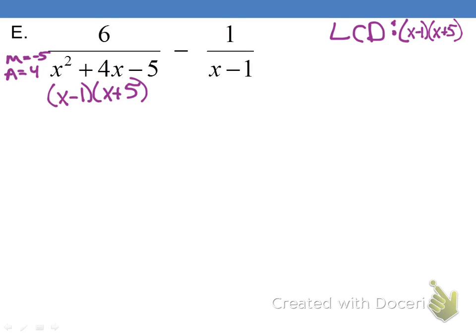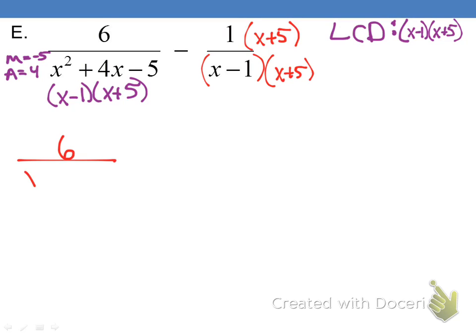All right, so what's the guy in the back missing? The x plus 5. All right, so right now I have no changes in the first rational expression, right?